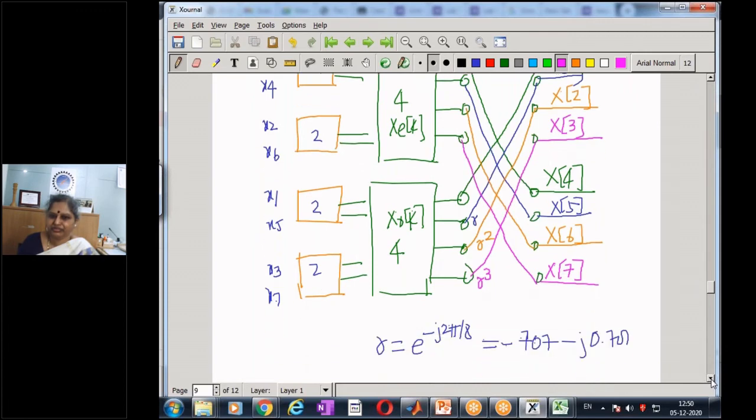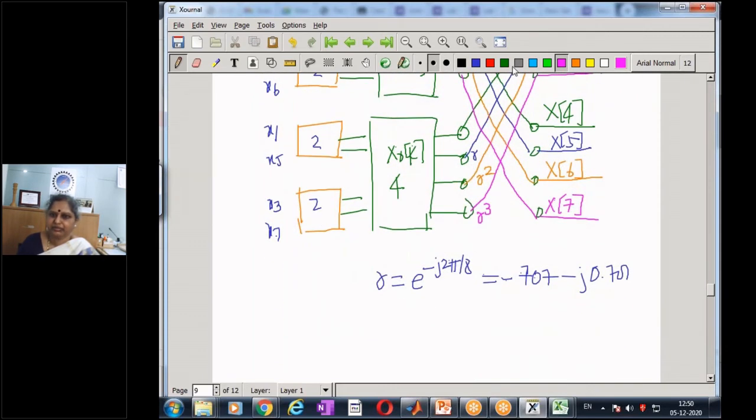And we know the values of gamma square. What is gamma square? We know that gamma square is e to the power of minus j 2 pi 2 by 8, which is e power minus j pi by 2, which is nothing but minus j. And similarly, gamma cube. What is gamma cube?